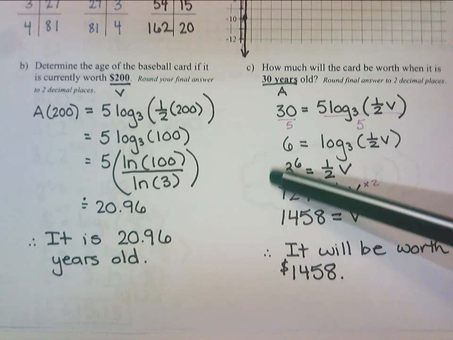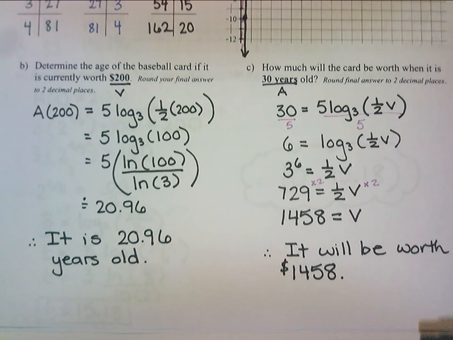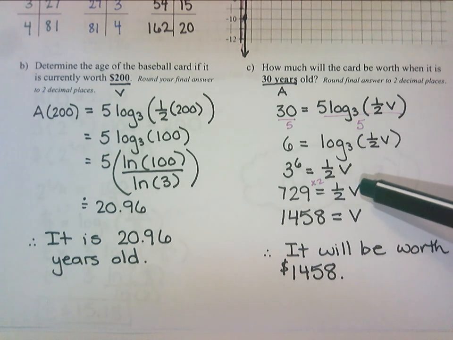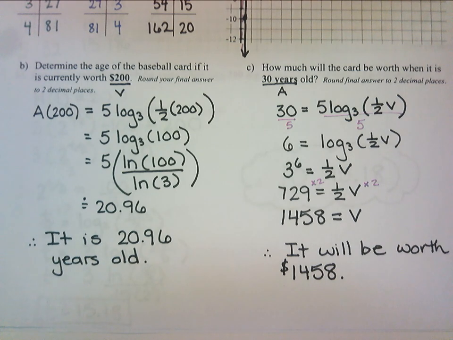So I multiplied by 2 to get that 2 to the other side. You could then think about either dividing by 1 or we're doing 1 times V, but it's insignificant. So all we really had to do was multiply by 2 to get 1,458. So it will be worth $1,458. Okay, that's it for our log function application.